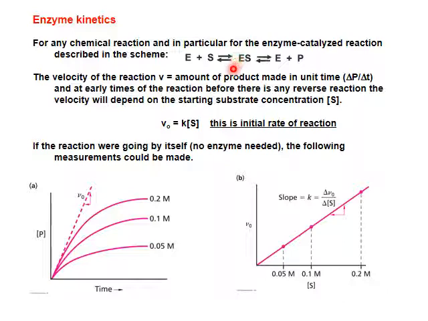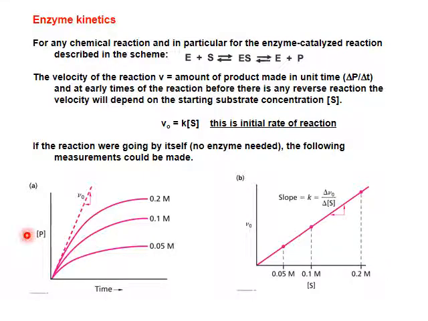So if we just had S going to P, as shown here on this reaction plot, we have time on the x-axis, concentration of P on the y-axis. So imagine if S was converted to P, say P had a double bond that we can monitor spectroscopically. We can follow the formation of P given a certain amount of S over time.